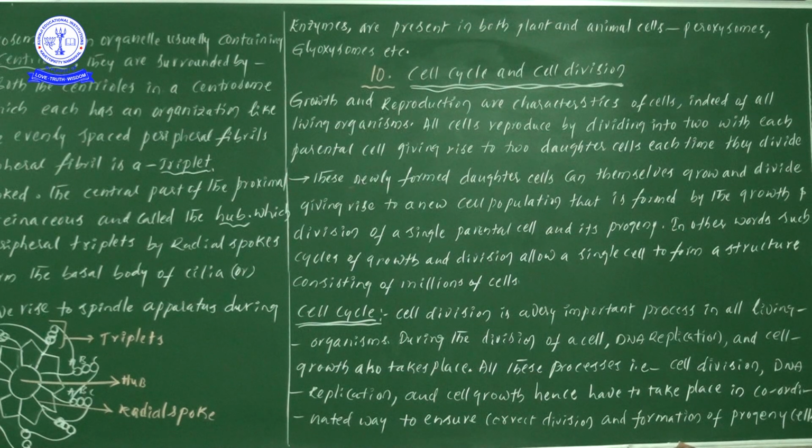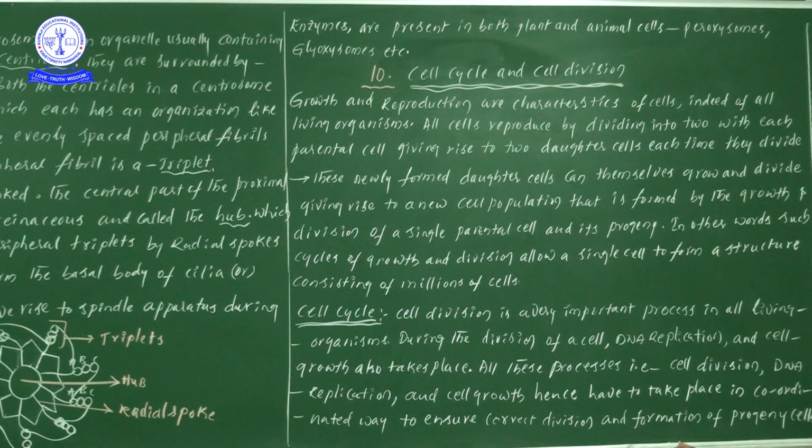Next, these newly formed daughter cells can themselves grow and divide, giving rise to a new cell population formed by the growth and division of a single parental cell.